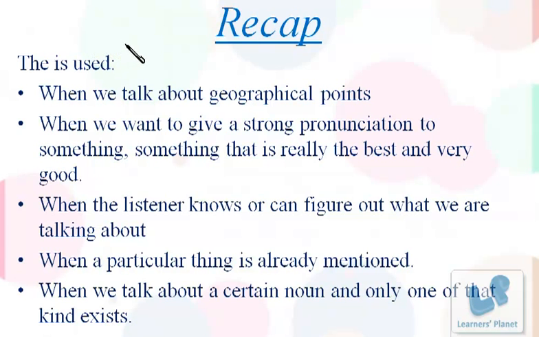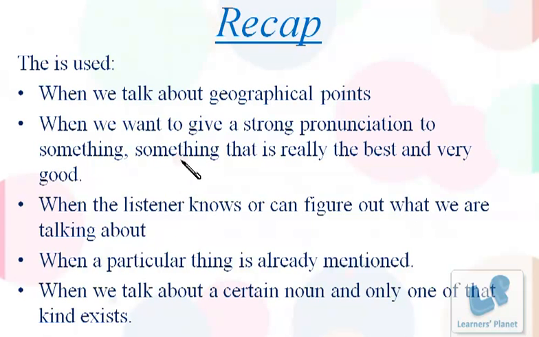Now friends, let us have a quick recap on how the is used. The is used when we talk about geographical points, when we want to give a strong pronunciation to something that is really the best and very good, when the listener knows or can figure out what we are talking about, when a particular thing is already mentioned, when we talk about a certain noun and only one of that kind exists.